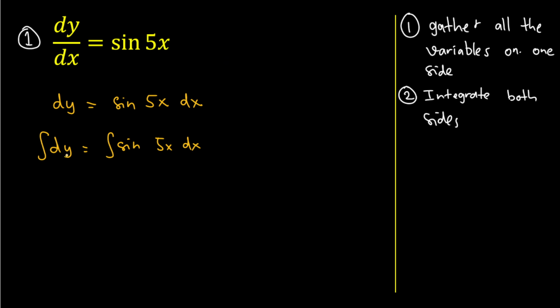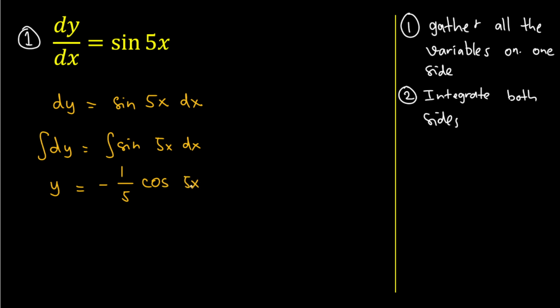So the integral of dy is y plus some constant, but I will move the constant later to the right hand side. So I just write y on the left hand side. And then on the right hand side, the integral of sine is minus cosine, but we have to use the chain rule. So I will have minus 1 over 5 cosine 5x here.